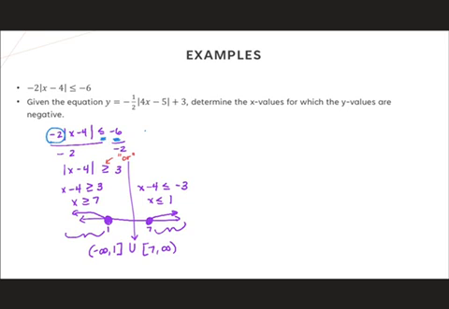Okay. Given the equation, y equals -1/2 times the absolute value of 4x minus 5 plus 3. Determine the x values for which the y values are negative.